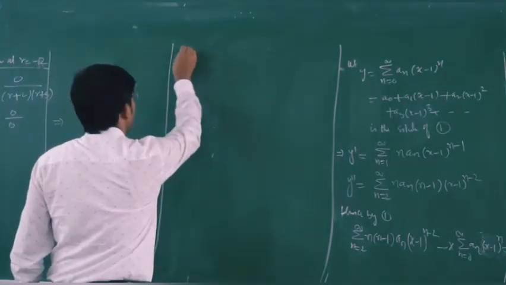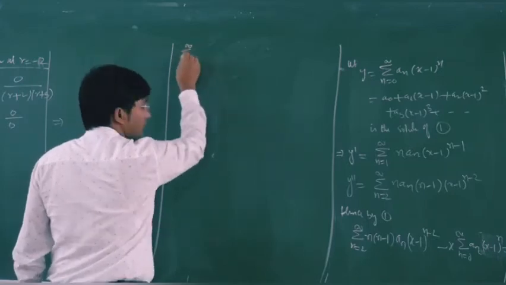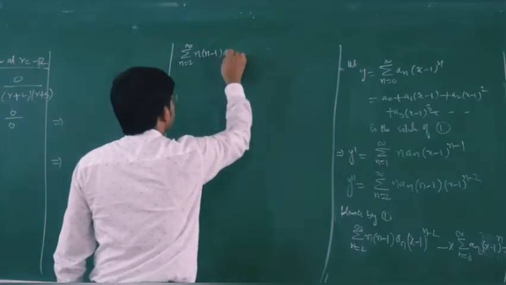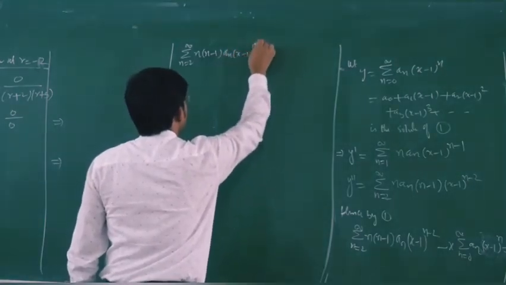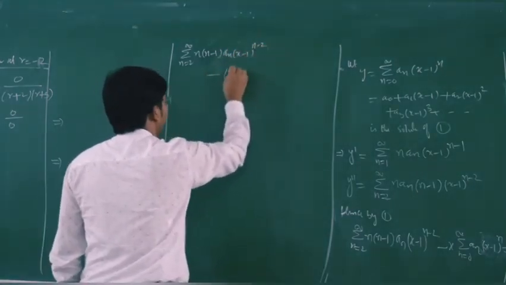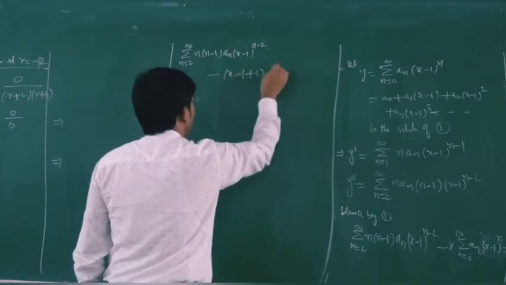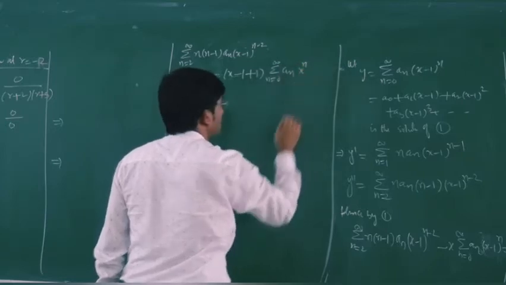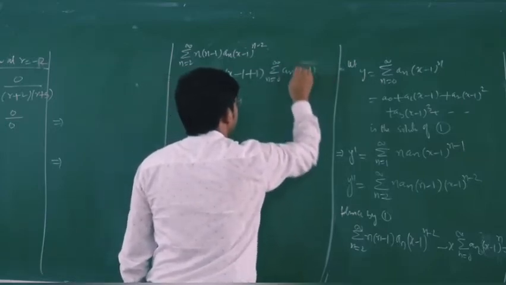So from here we have summation n equal to 2 to infinity n(n minus 1) a_n (x minus 1) power n minus 2, then we will have minus (x minus 1 plus 1) times summation n equal to 0 to infinity a_n (x minus 1) power n.